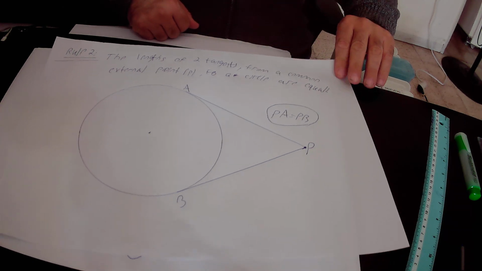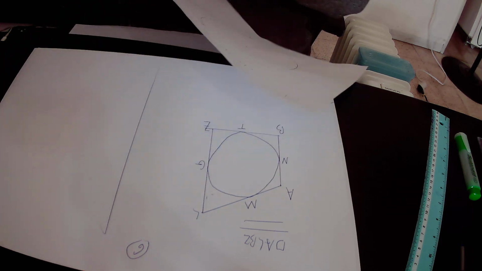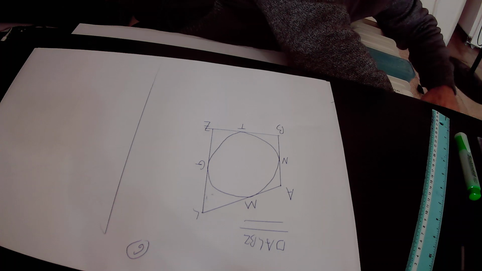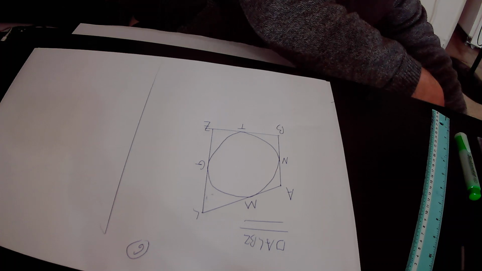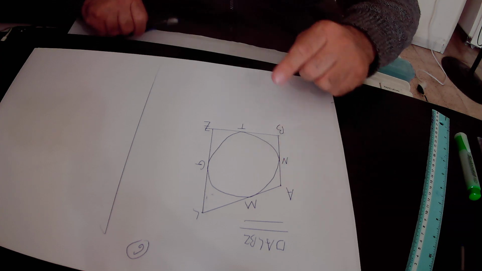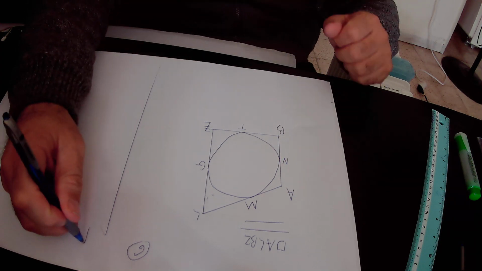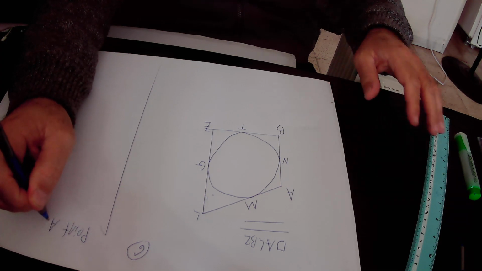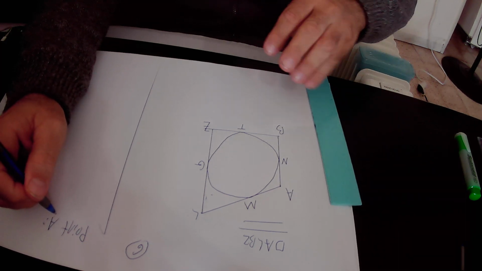We can implement rule number 2 in our drawing. We focus on the common external point, point A. From the common external point, point A, we have two tangents to the circle.